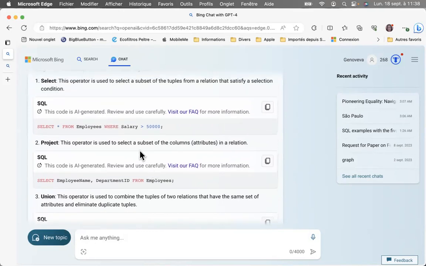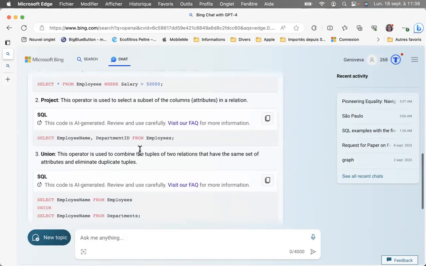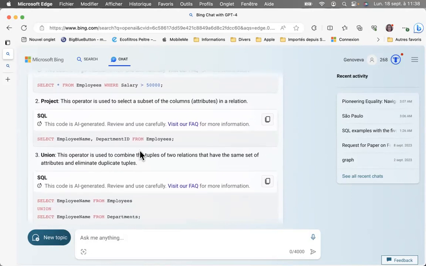So, for example, selection is: give me the employees that earn a salary higher than $50K, let's say. Then we can ask for the department where employees work, with the name of the employee, the department where he or she works, out of the relation employees.